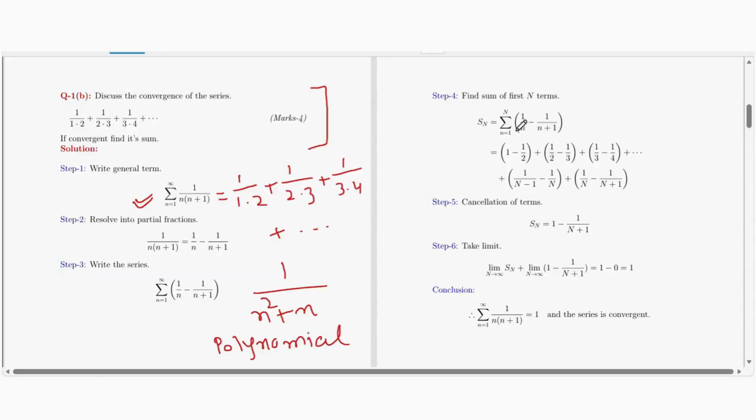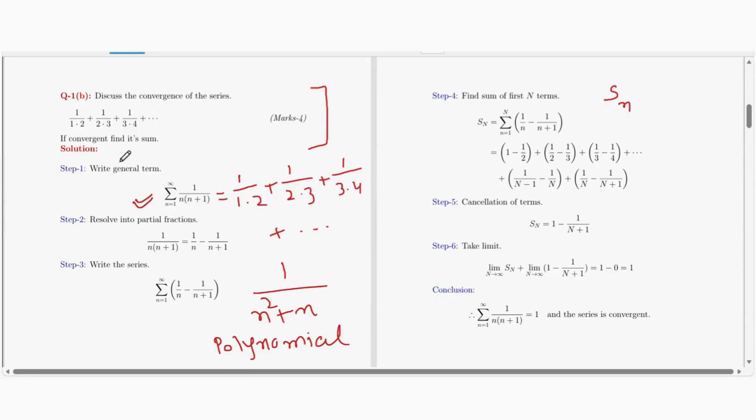तो ये सम में हमें कन्वर्जेंस भी चेक करना है और सम भी फाइंड करना है. ओके, तो हम यहाँ पे कौन सी मेथड यूज करेंगे? हम यहाँ पे सम ऑफ फर्स्ट n टर्म, Sn, ओके, ये मेथड हम यूज करेंगे.